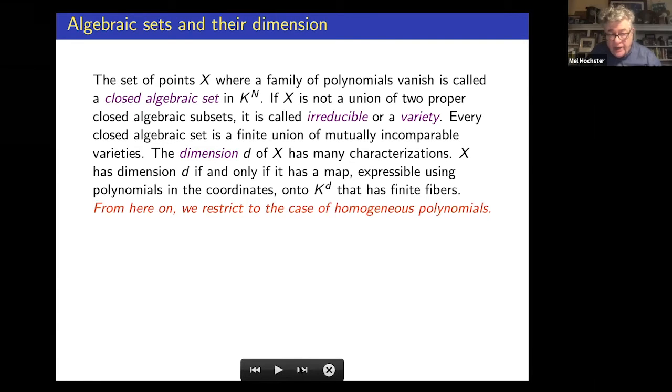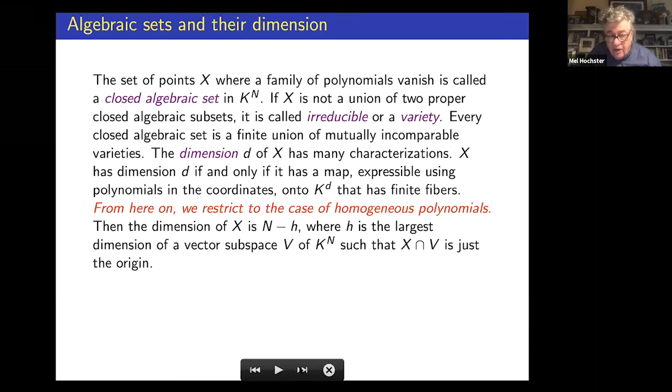Now from here on, I'm going to talk only about homogeneous polynomials. So our algebraic sets will be defined by homogeneous polynomials. And that means I could talk about projective space, but I don't need to, so I'm keeping it as simple as possible. And then the dimension of X is the same as n minus h, where h is the largest dimension of a vector subspace that meets X just at the origin.